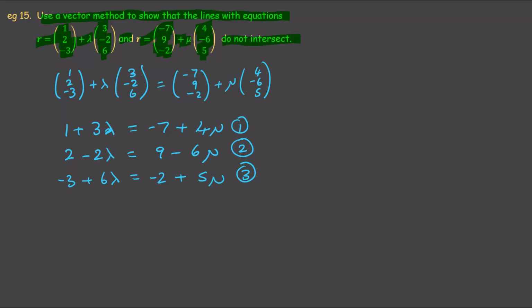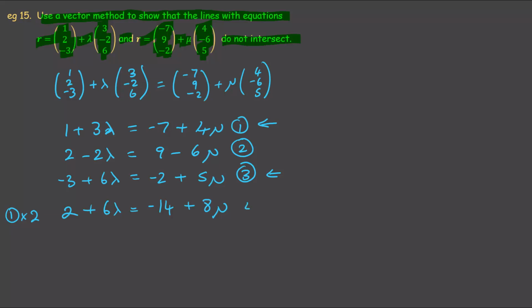Now I'm going to choose to work here with equations 1 and 3. I'm going to start by doing equation 1 times 2, which would give me 2 + 6λ = -14 + 8μ.